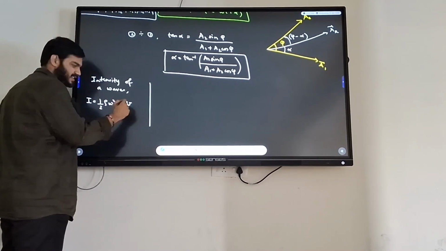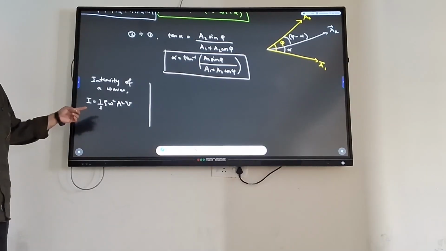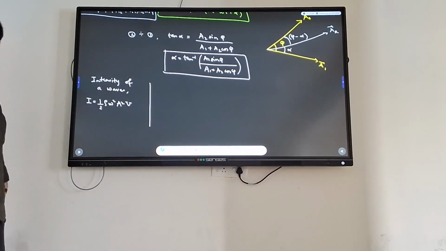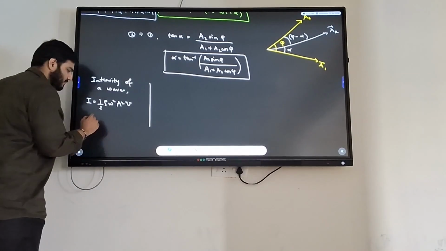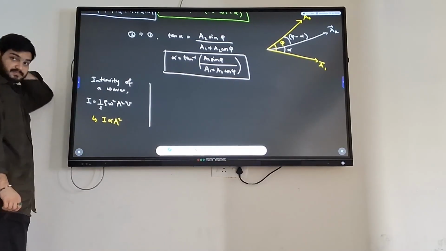Good, very good. Then what is the relation between intensity and amplitude? Intensity is directly proportional to amplitude square.